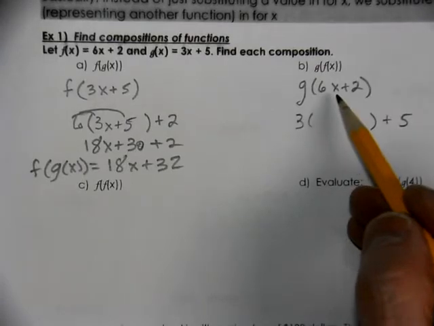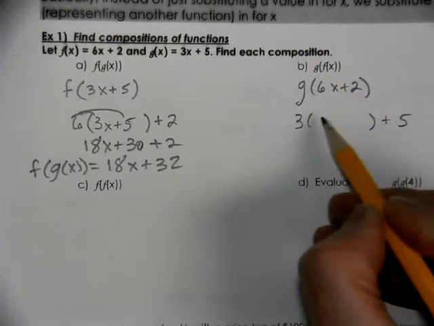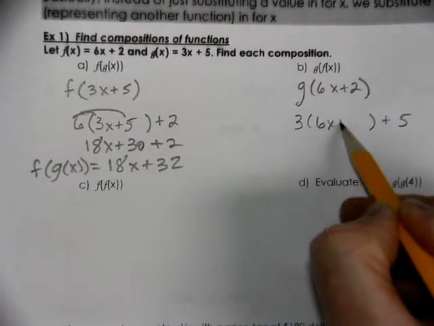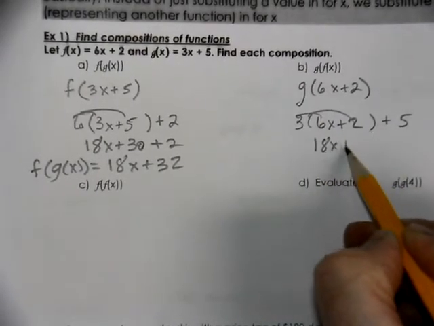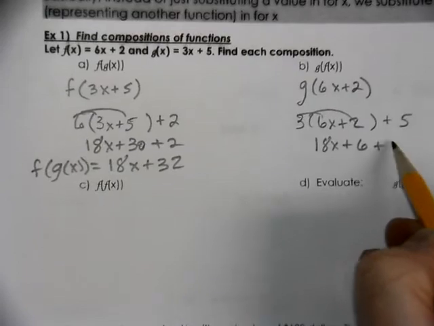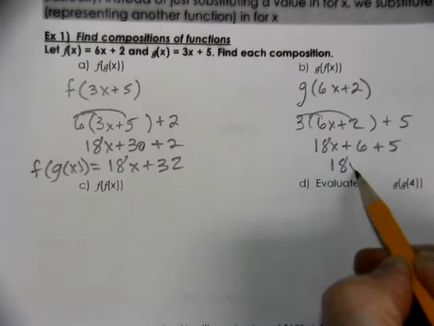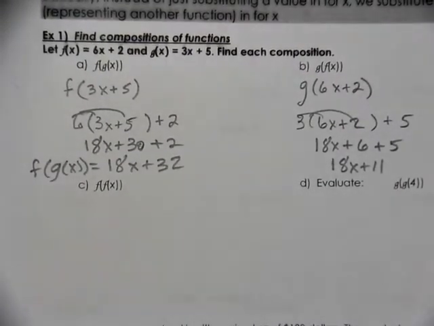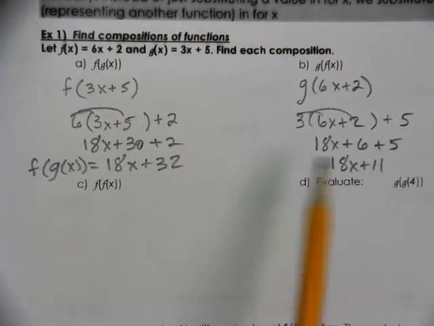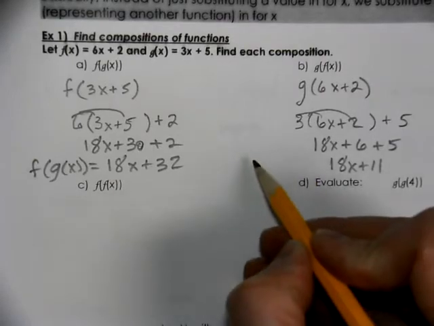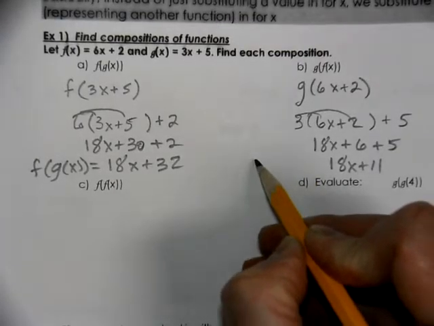So we're going to plug the f in place of the x and distribute. So notice that these two are not identical to each other. F of g of x and g of f of x do not produce the same expression.